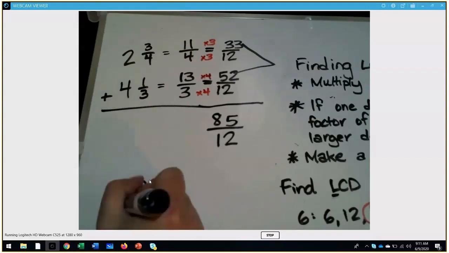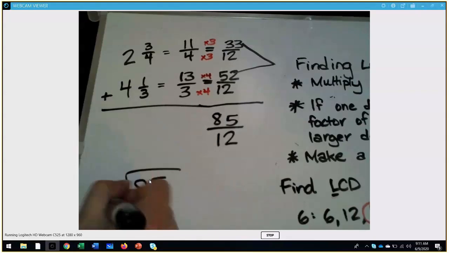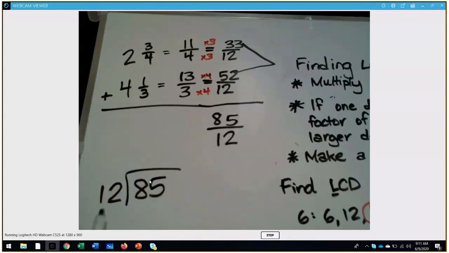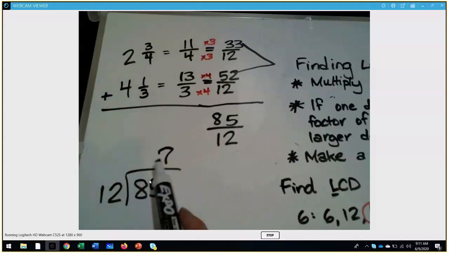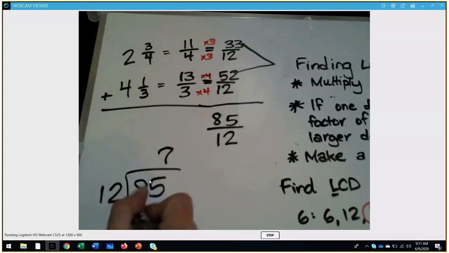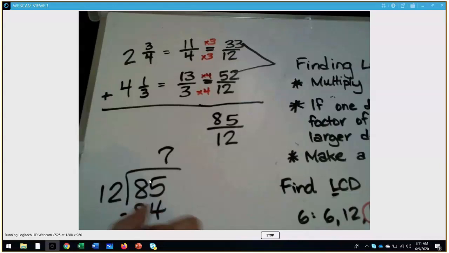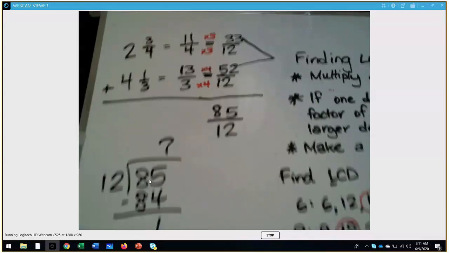85 divided by 12. 12 will go into 85 7 times, because 7 times 12 is 84, with 1 left over.